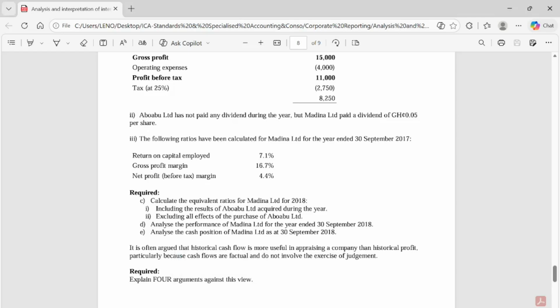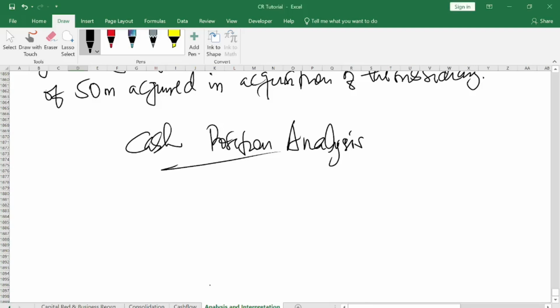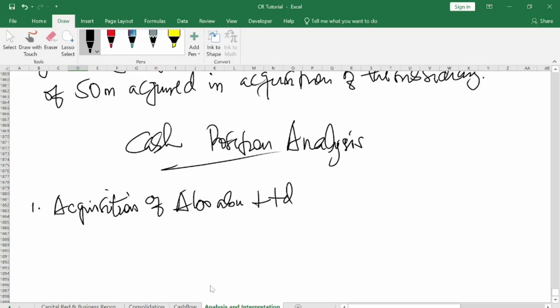It says analyze the cash position of Manila Limited as at 30th September 2018. All right. So now, first one, I'm looking at acquisition of Awabo Limited.